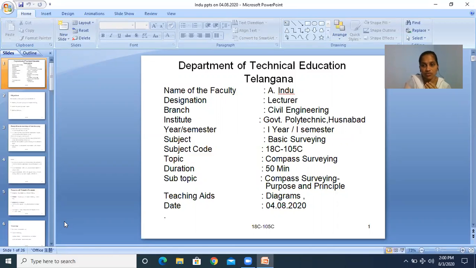We also learned about the errors, field work, obstacles, and area calculations. Area calculations can be done from field work or by the graphical method. For field work, for example, we discussed the cross staff survey.